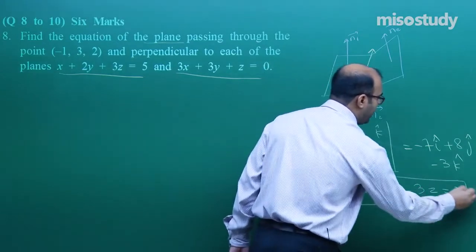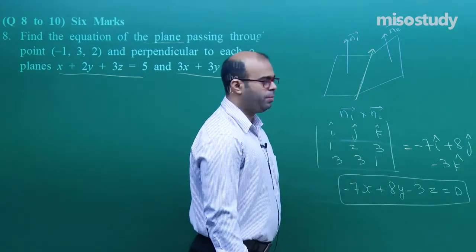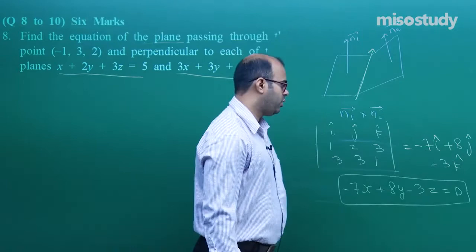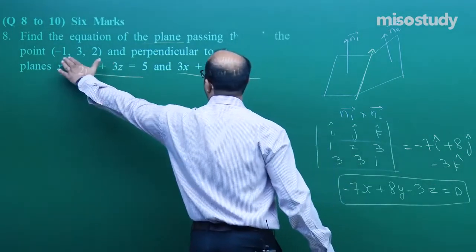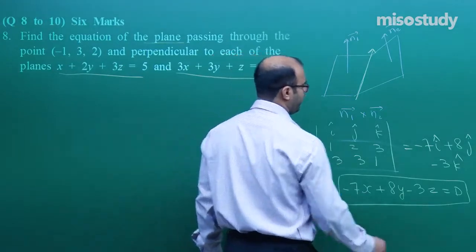These A, B, C are actually direction ratios of the normal to the plane, which are minus 7, 8 and minus 3. Now we have to find this D. So we will use the concept that this is passing through (-1, 3, 2). We substitute it here.